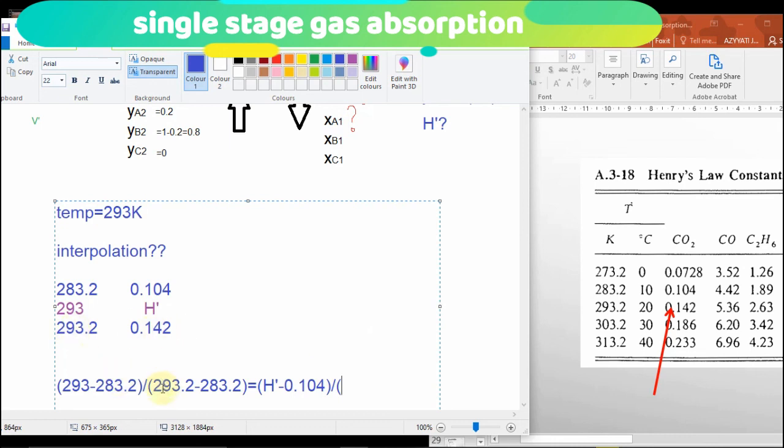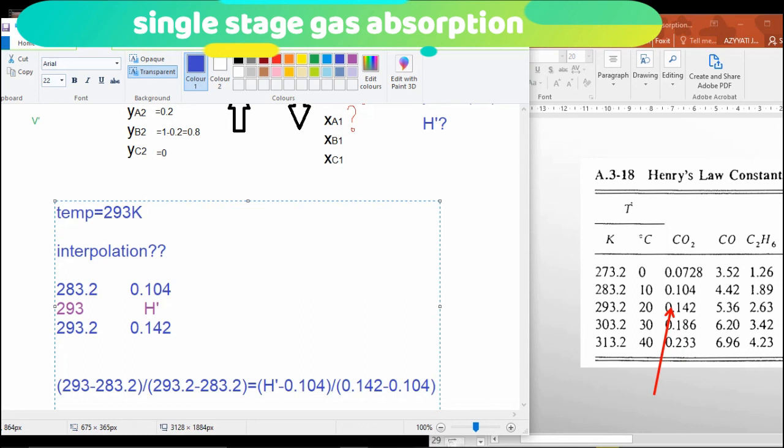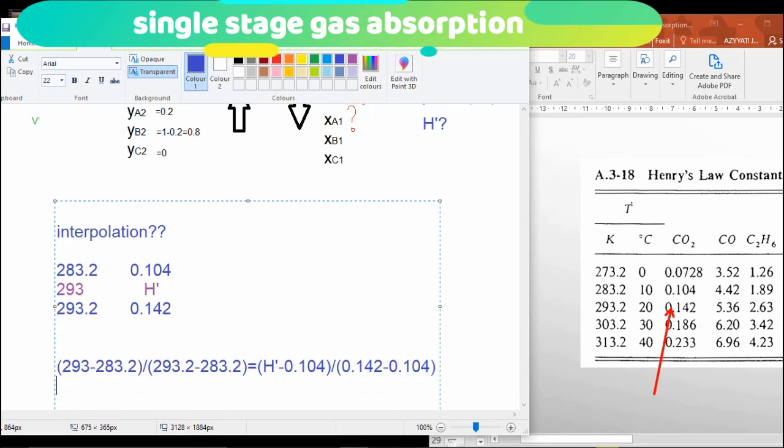So you just solve this equation. Press your calculator and you find the value of H prime. That is how we do the interpolation.